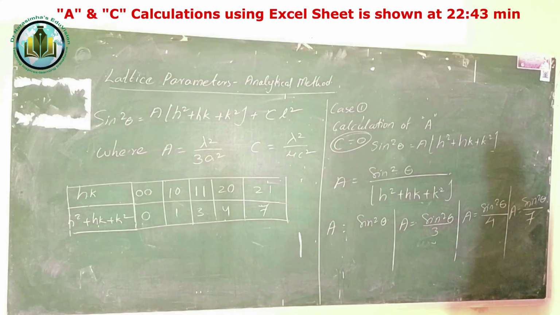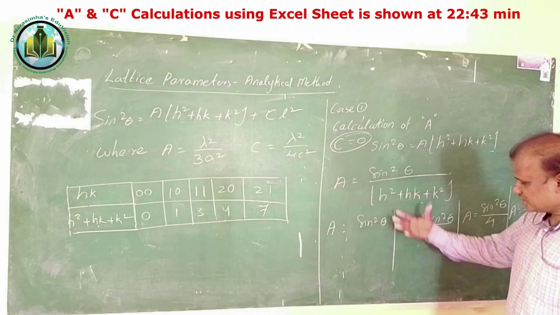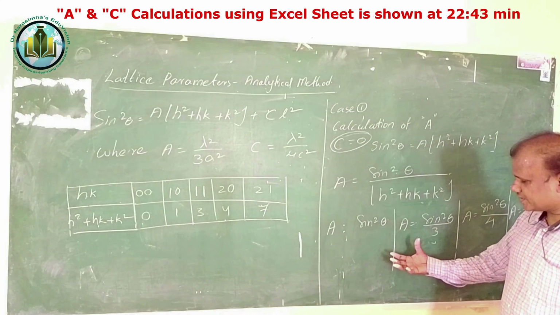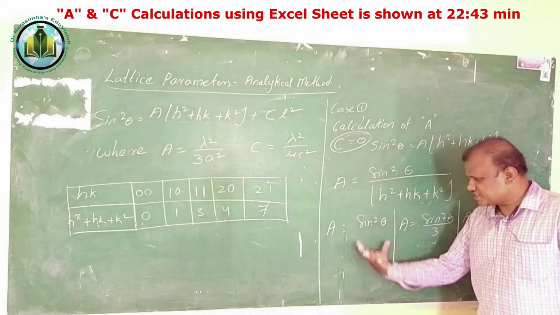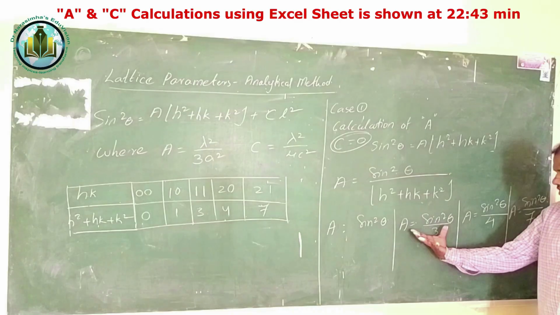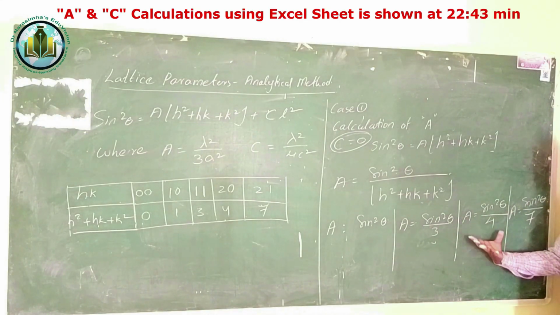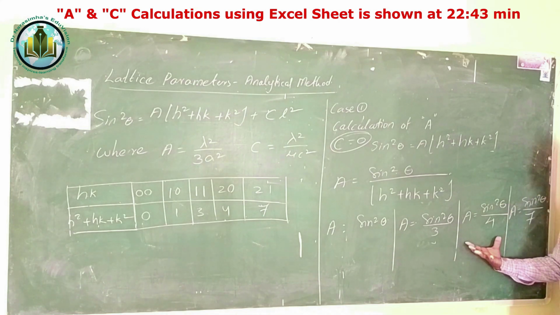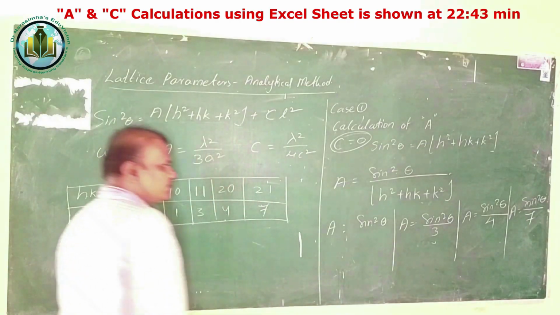So I am going to draw a table in which I am going to find the values for capital A. The first column is sin square theta, the second column is sin square theta by 3, the third column is sin square theta by 4, and the fourth column is sin square theta by 7.